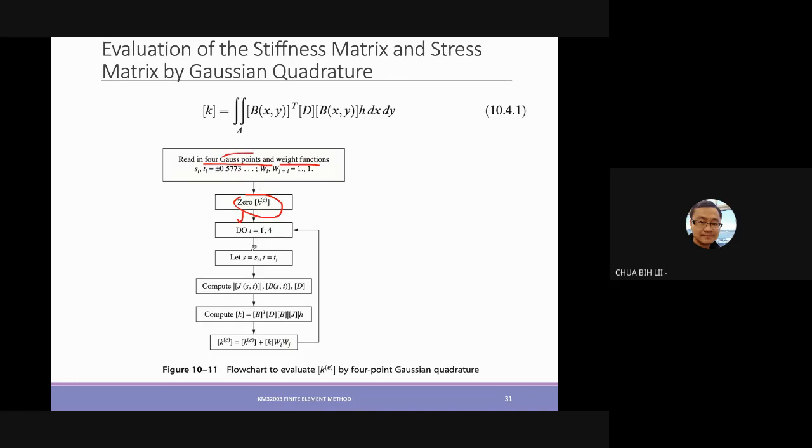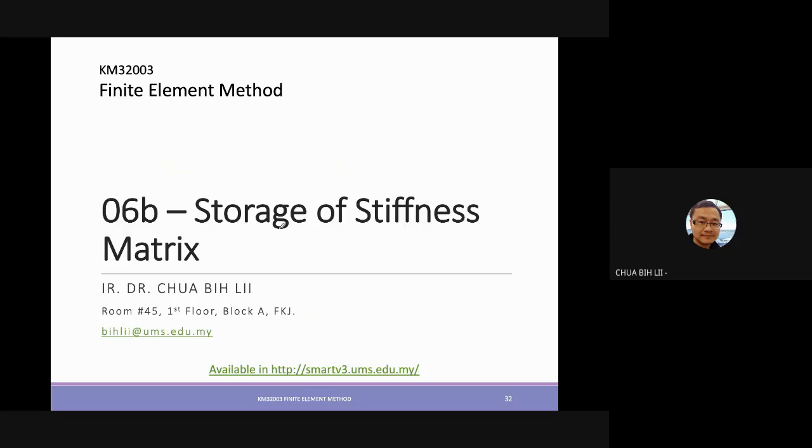In the looping, we compute the matrices, compute the stiffness matrix, assign it back, until all the Gauss points have the relevant information of the stress matrix, and then you would start to do all the stress analysis and the displacement analysis, right? So that would be the part related to the isoparametric formulations.